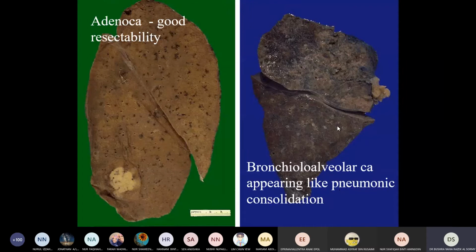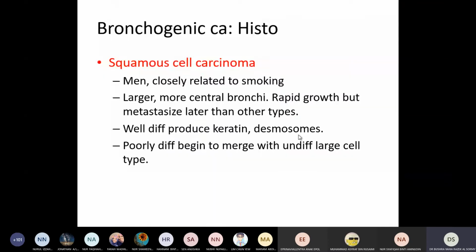Bronchoalveolar carcinoma, can you see those small lesions, it's like pneumonia, like consolidation. It is not in the hilum. In the hilar area, most are squamous cell carcinoma and small cell carcinoma. Adenocarcinoma is at the periphery. Bronchoalveolar carcinoma is usually distributed all over the lung. It looks like pneumonic consolidation.